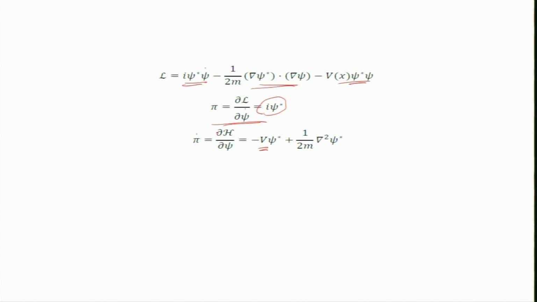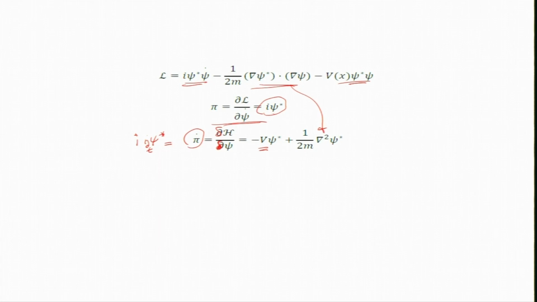In fact, it should not be partial, it is functional derivative, no? Functional derivative. So, that will give me this from this one. But pi dot, I take pi equal to i psi star. So, this is going to be i psi star dt, like that, coming from here.